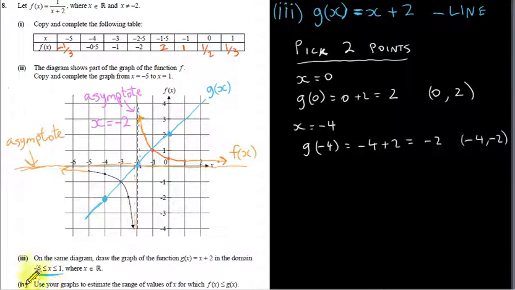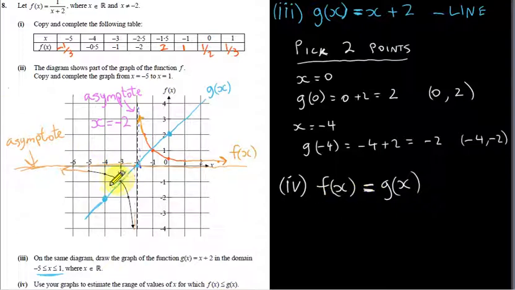In part 4, we want to use the graph to estimate the range of values of x for which f of x is less than or equal to g of x. Well, let's first of all see where f of x equals g of x. We want a range of values of x for which f of x is less than or equal to it, so we'll do the equaling bit first.